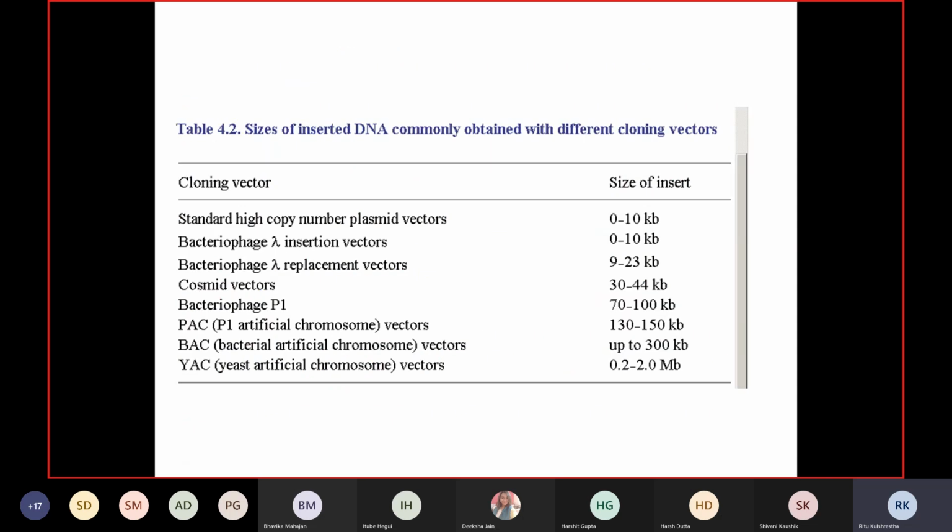Now coming to the comparison, in the BAC vector the size of insert is around 300 kb, and in YAC vector it is around 2 MB. So when they were making the human genome library several years back, they started making the constructs in YAC vectors, and they also tried the BAC vectors.